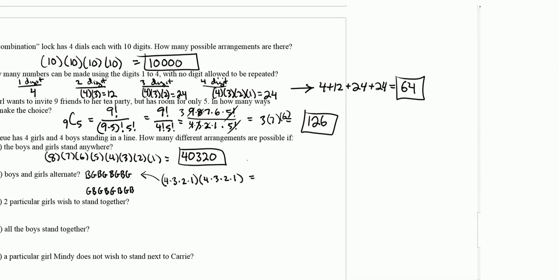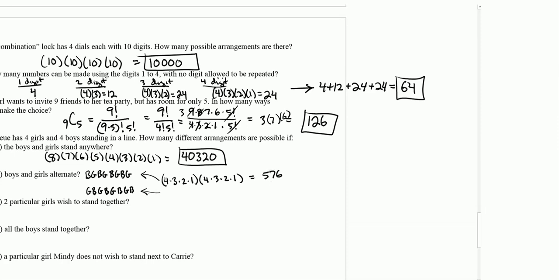And so we get 4 factorial times 4 factorial ways. And 4 factorial is 24, so we got 24 times 24, which is 576 ways.